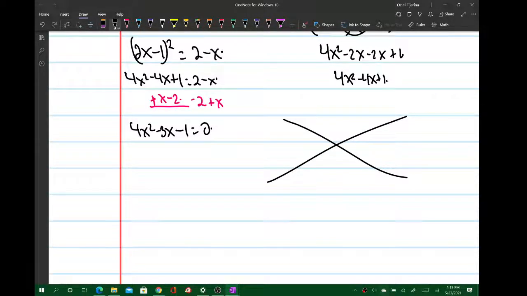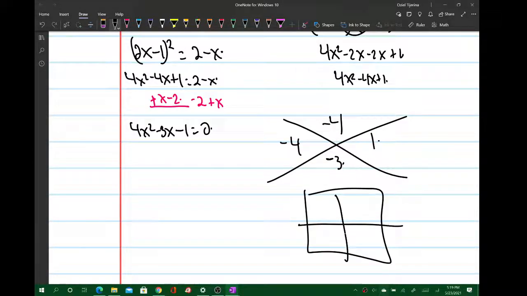You solve it using the X-box method, so you get negative 4 and then negative 3. Two numbers that multiply to negative 4 and add to negative 3 are negative 4 and 1. So it would be 4x squared, negative 4x, plus x, and then negative 1.